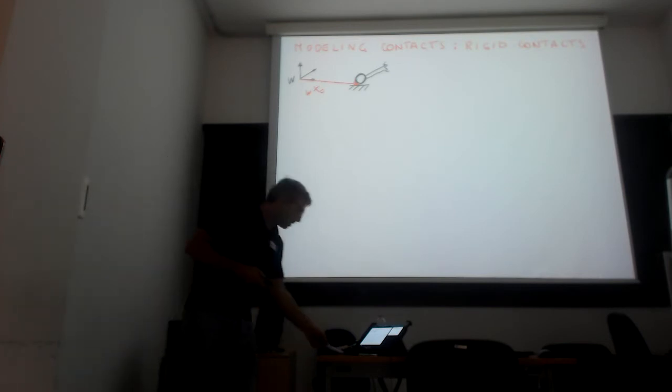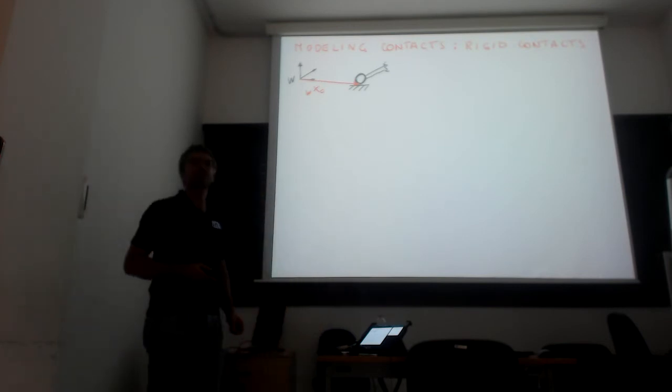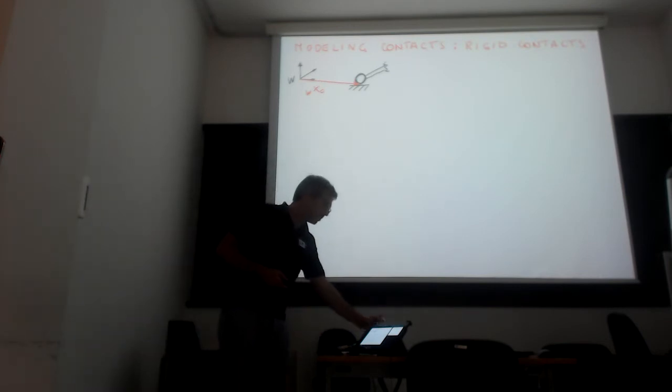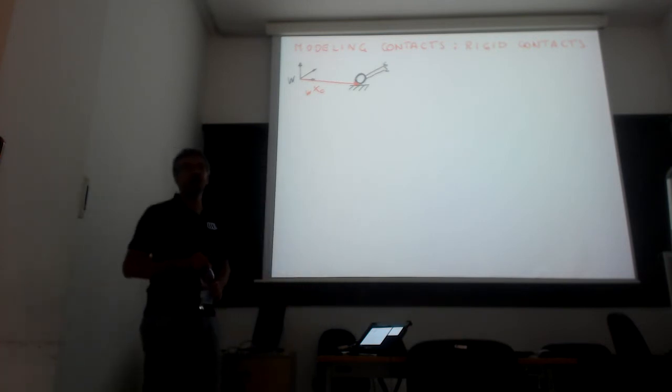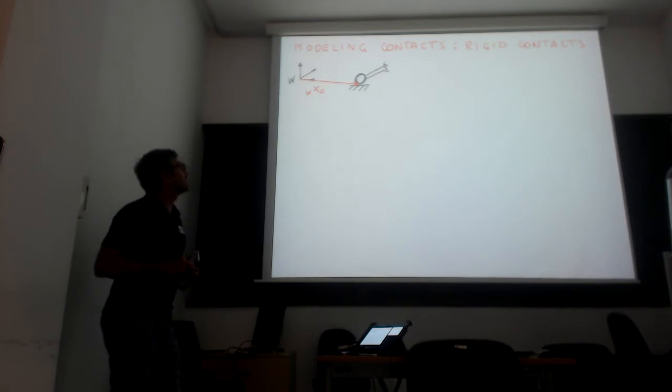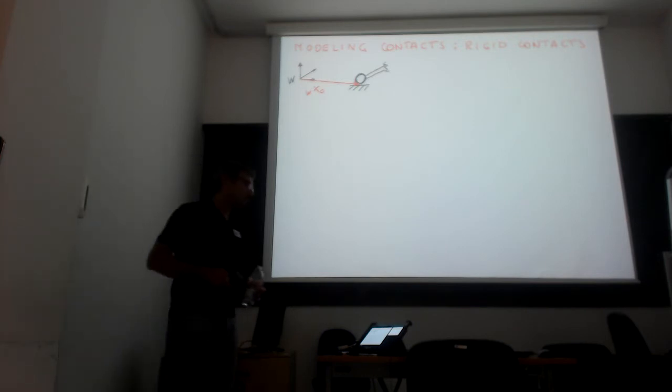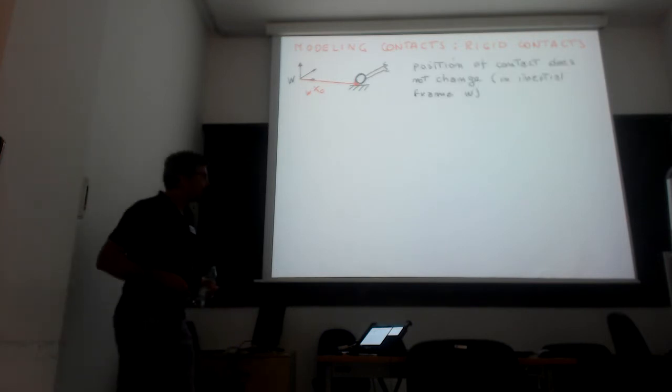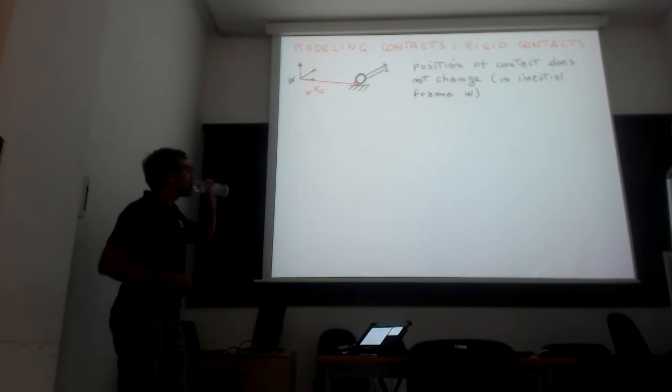Now, what are the ways that contacts are modeled in the robotics community? There are two main ways. One is the rigid contact assumption. That means that the position of the contact point does not change in an inertial frame.